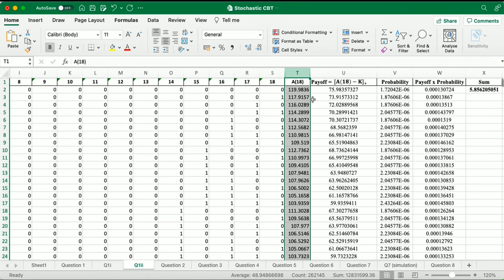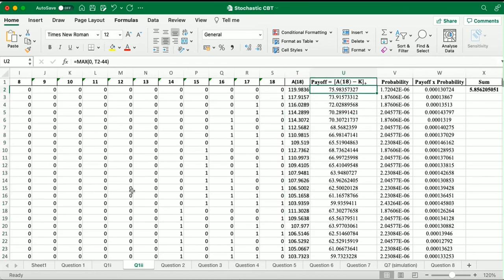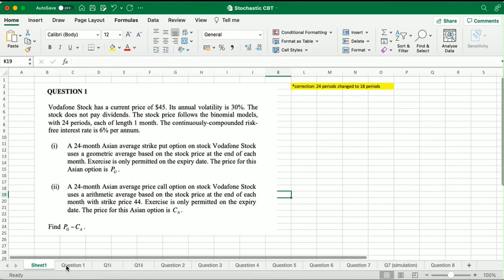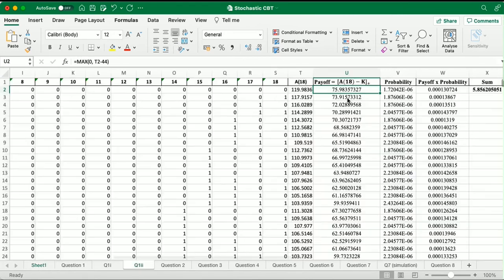These are the codes for the arithmetic average, and we obtain this output with the arithmetic average at period 18 calculated in column T. Then for the payoff of an Asian average price call option, we calculate it using the arithmetic average minus the strike price, which is 44 as mentioned in the question. Similar to the first sub-question, a payoff greater than 0 would only happen if the arithmetic average is larger than the strike price of 44.